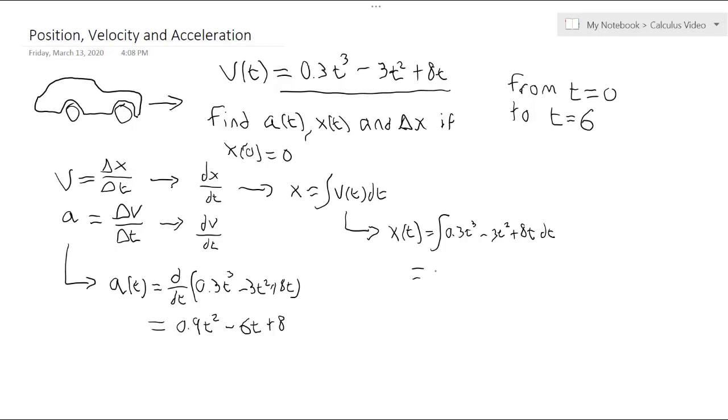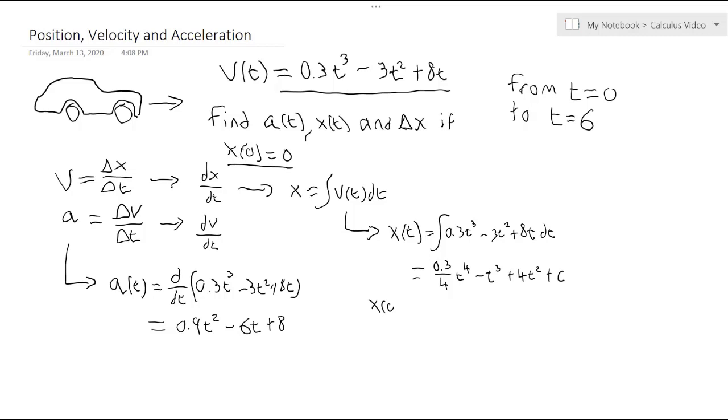And so that's going to equal, if we remember our power rule, 0.3 over 4 t to the fourth minus t cubed, since we have 3 over 3 there, plus 4t squared. And of course we have the plus c constant, we can't forget about that. The good news is they give us an initial condition, that x of 0 is equal to 0.